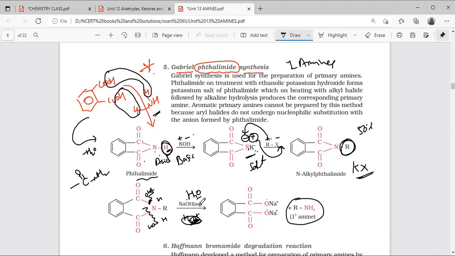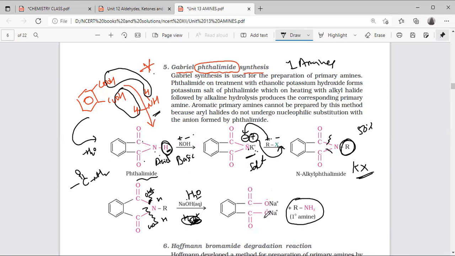Then what we are doing, hydrolysis in the presence of base. So the bond will break up here. The original compound again is forming, but instead of phthalimide, it is the phthalate, sodium phthalate.